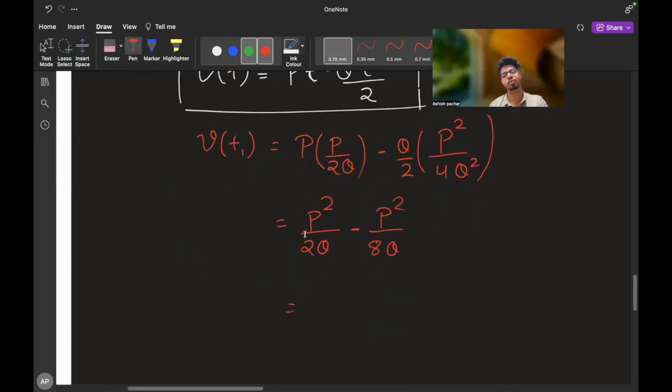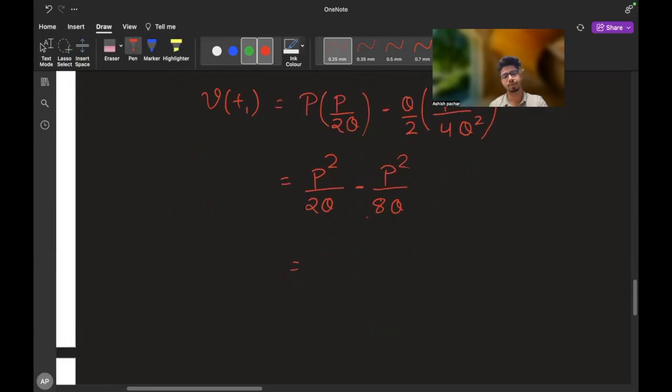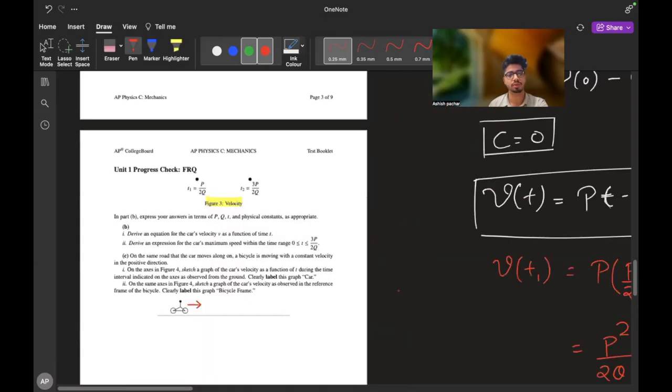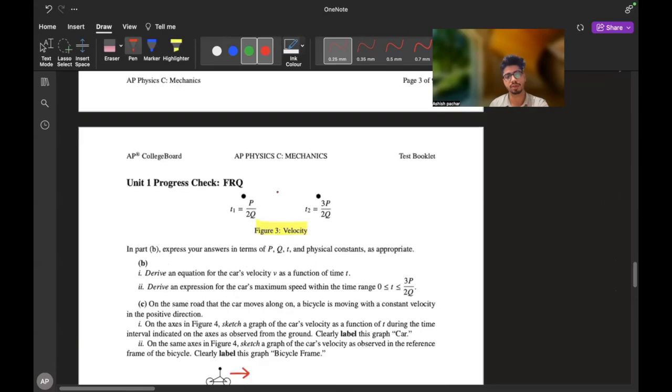So this is 4, so this comes out to be 3p square by 8q. So this is the velocity that seems to be positive to me. If it is positive, you have to be sure the velocity direction is to the right side.